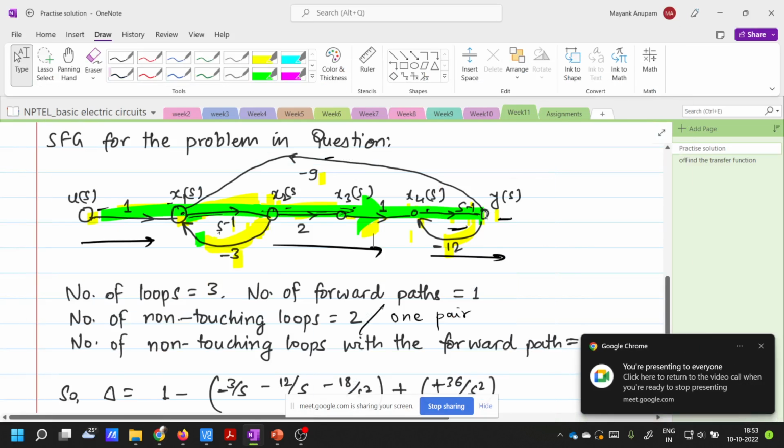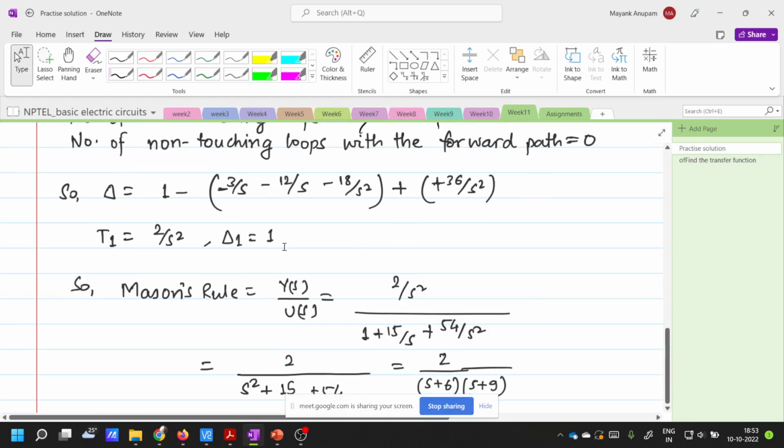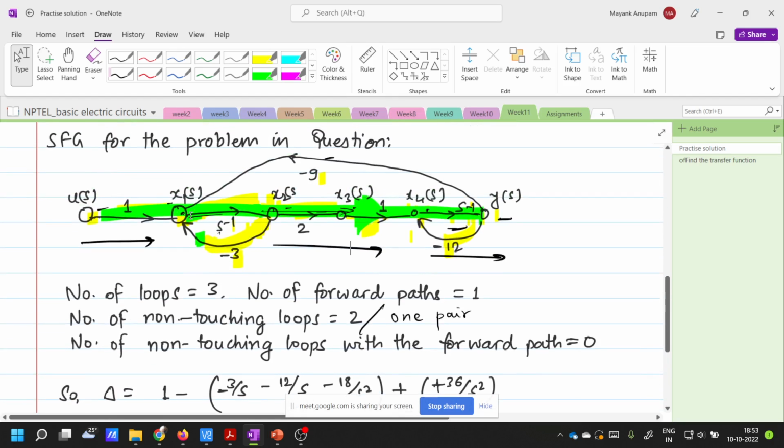Since you have no non-touching loop with the kth forward path, or the only forward path in this case, the delta for this case will be simply equal to 1, right? And what is t1? T1 is the forward path gain. This is equal to 1 multiplied by s inverse multiplied by 2 multiplied by 1 multiplied by s inverse. So this is simply 2 by s square.